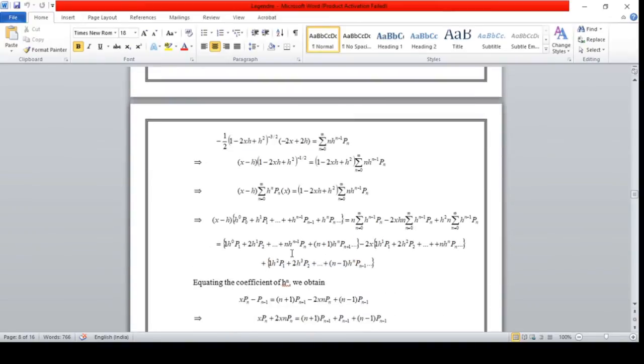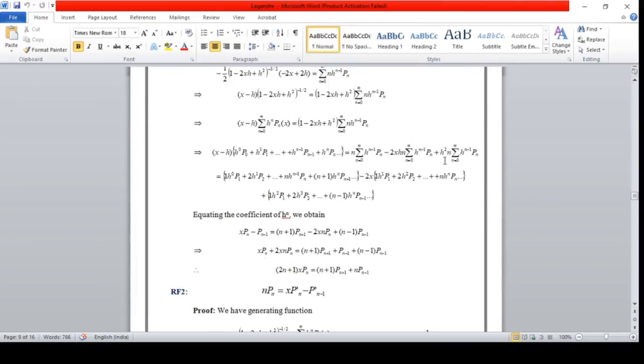Now open the summation. Put n = 0. This is h^0 P0, h^1 P1, up to h^(n-1) P(n-1), h^n Pn and so on up to infinity. This infinite summation is multiplied by 1, by -2xh, and by h^2.